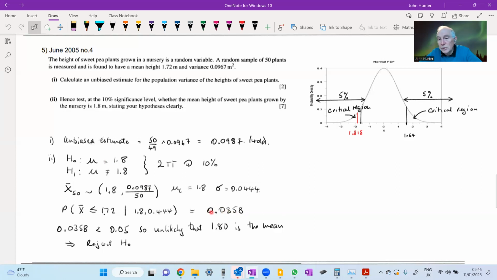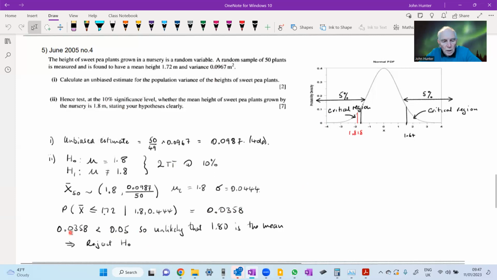Well, it's greater than 0.025, so it's falling more in the middle of the normal distribution. I beg your pardon. So 5% is half of 10%. We're doing a 10% significance level.